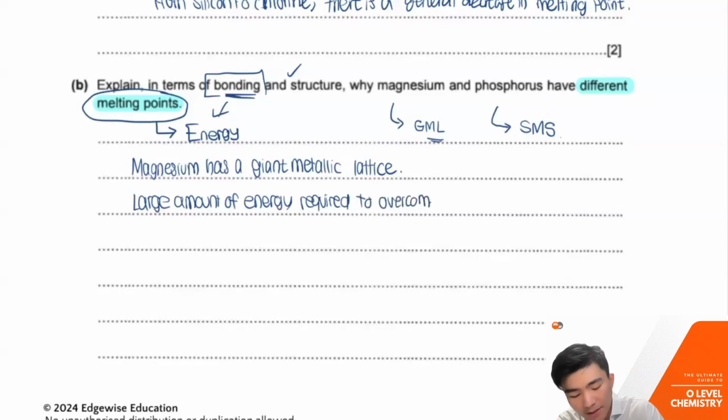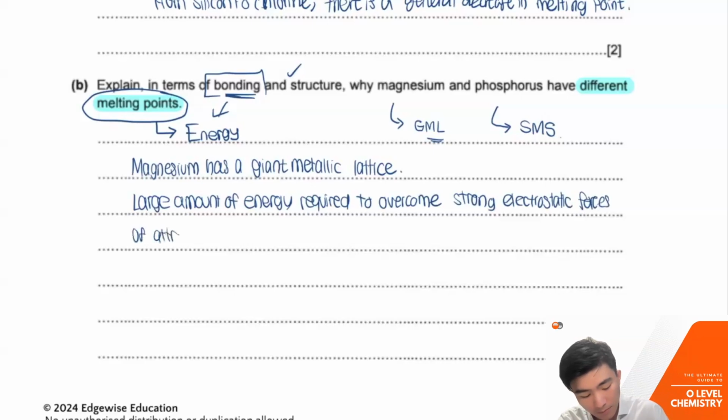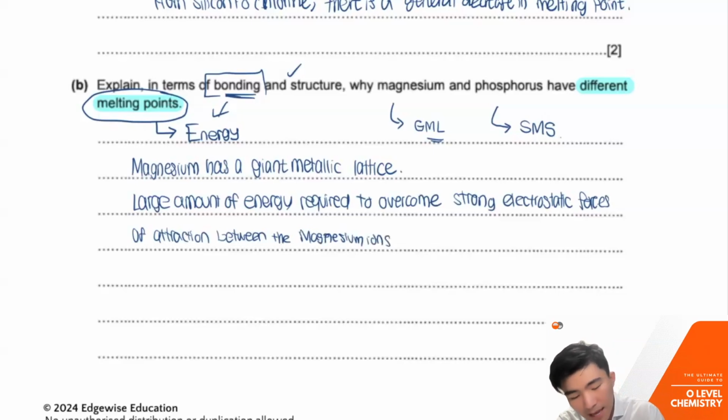Now, here comes the bonding. The bonding is strong electrostatic force of attraction between the magnesium ion and sea of delocalized electrons.